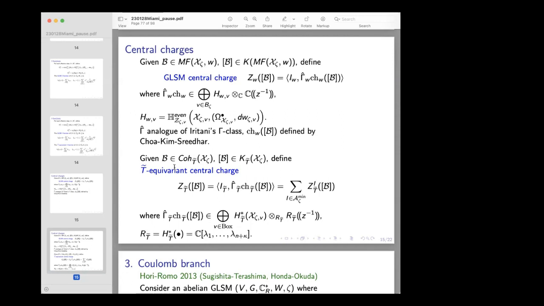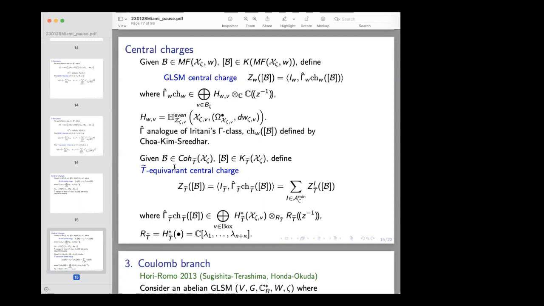The advantage of this T-equivariant version is that we can compute it by torus localization. And in many cases they are equal. For example, in that case one can show that the GLSM central charge can be obtained as the non-equivariant limit of the T-tilde equivariant central charge.